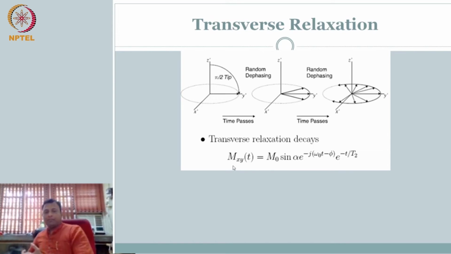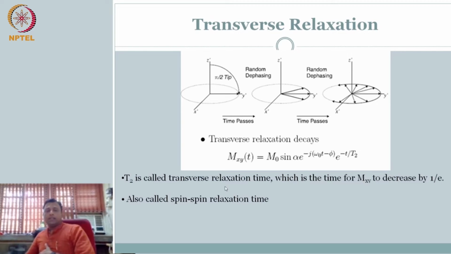So if we add this Mxy from before, now what we have added is a practical process. You don't just keep doing Mxy forever. There is going to be a decay, and the decay in this case is modeled as an exponential decay with time constant T2. That is, T2 describes how fast it dephases, or how fast the signal is getting lost in the exponential model.